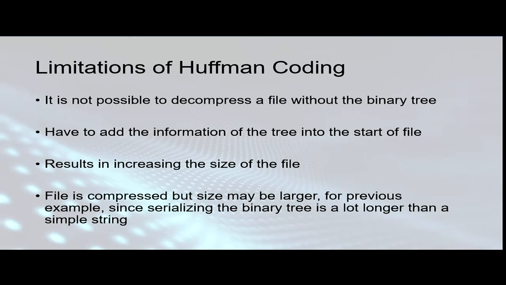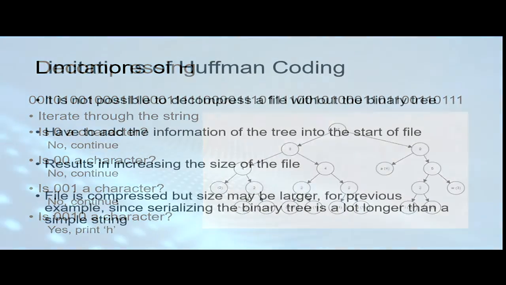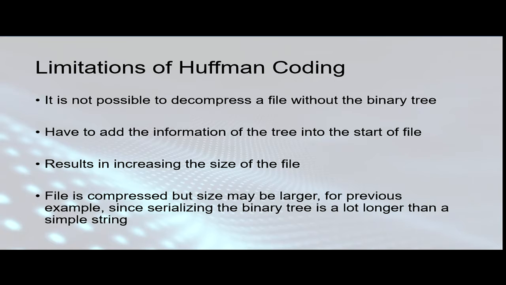The binary tree costs quite a lot of space too. So Huffman coding might sound good, like 136 bits to 55 bits, but it's not as great as it sounds, because you have to add a tree to the start of the file. Even though the file is compressed, the size might be larger for shorter strings. So that concludes my presentation for Huffman coding. Thank you.